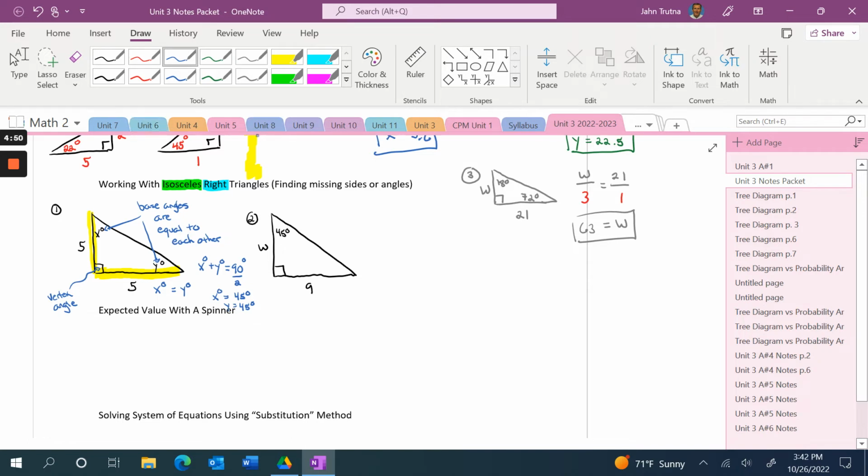Now, there is a very big clue in this problem, and the clue is with the angle. If you notice, I have a 90-degree angle and a 45-degree angle. So I'm going to add those two angles up. Those two angles add up to 135 degrees, which means that the angle right there is going to be 180 minus 135, which is 45.